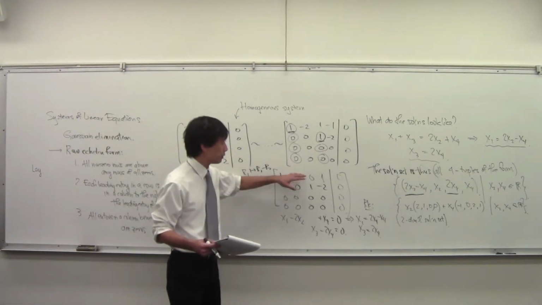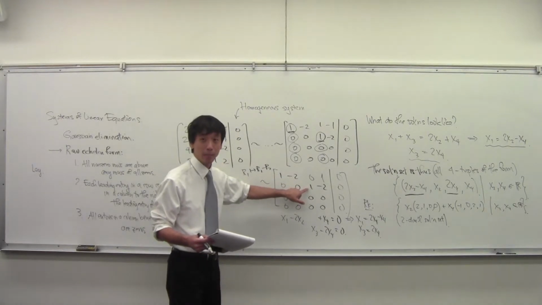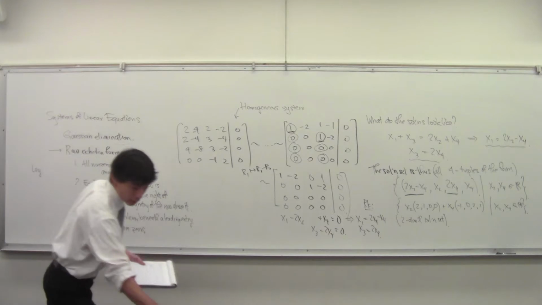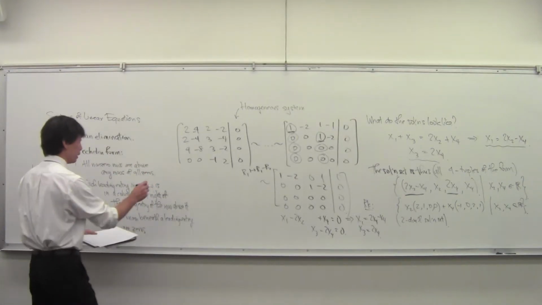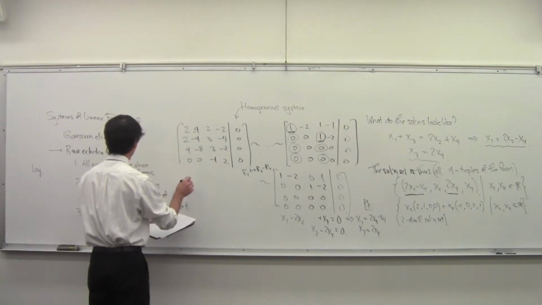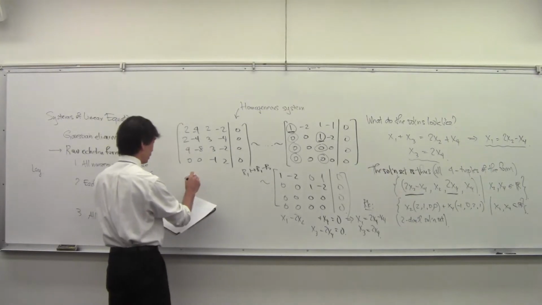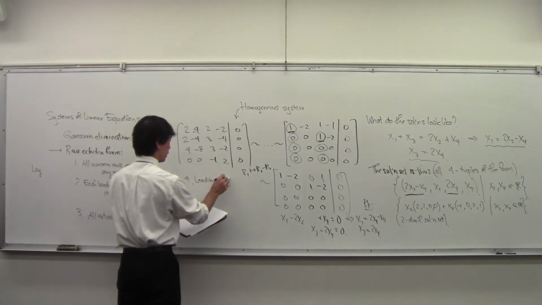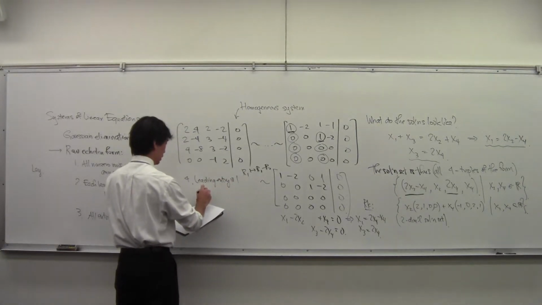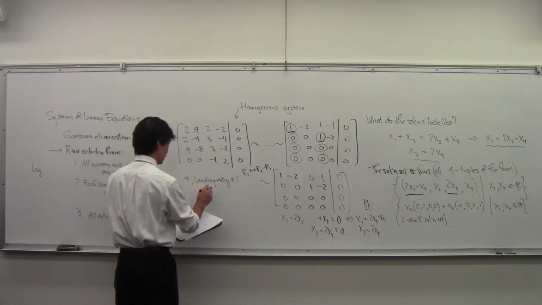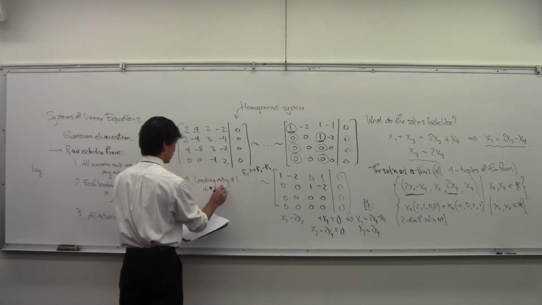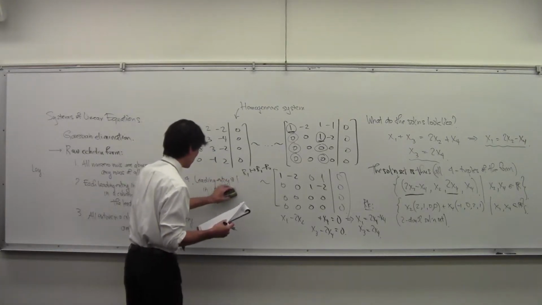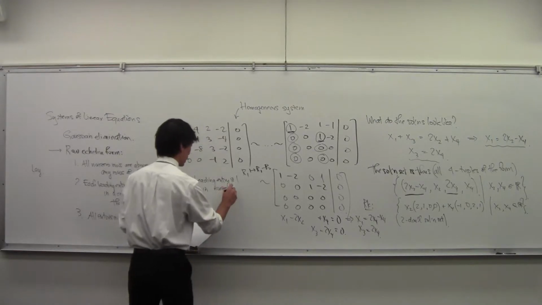So if you do this last step and get it down to the point where, so 4 and 5, so leading entry is 1 in non-zero rows. Actually, I forgot that.